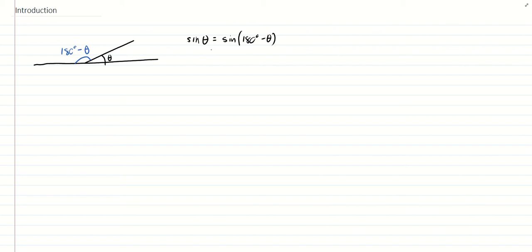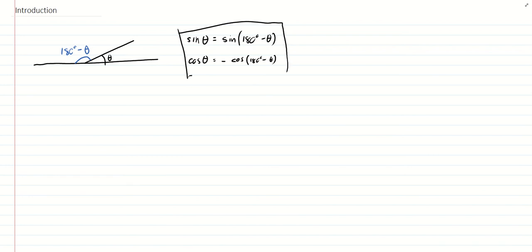And similarly, we have cosine theta, but instead of it being the same as cosine of 180 degrees minus theta, the magnitude itself is the same, but there's an additional negative sign there. So these are our two main concepts that we are going to look at today.